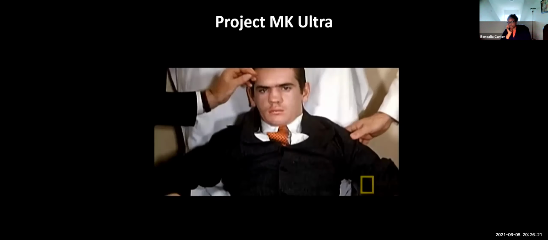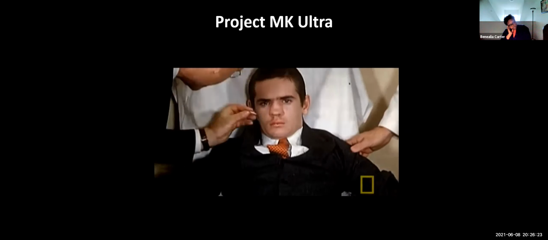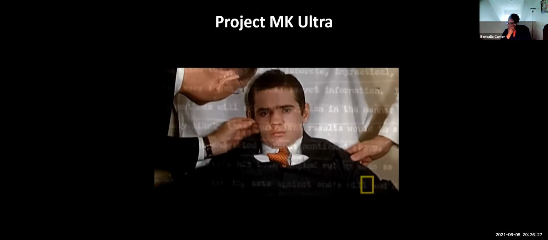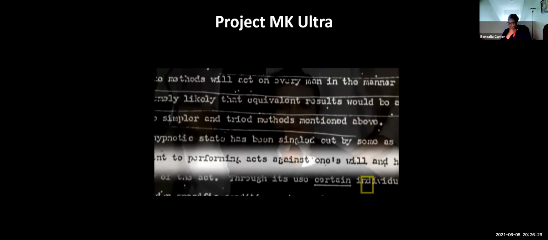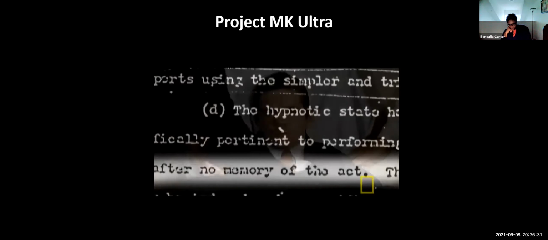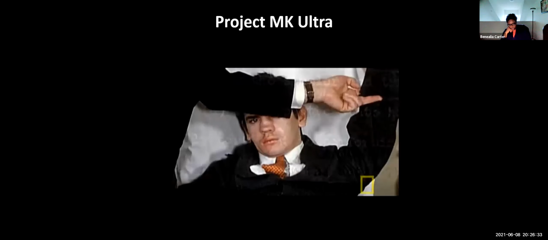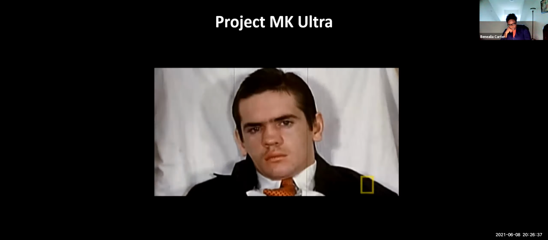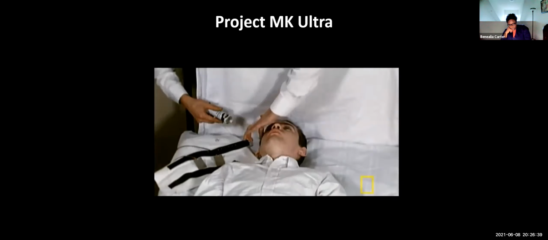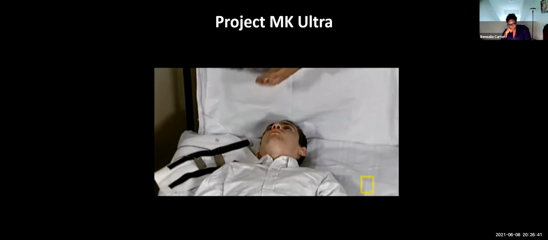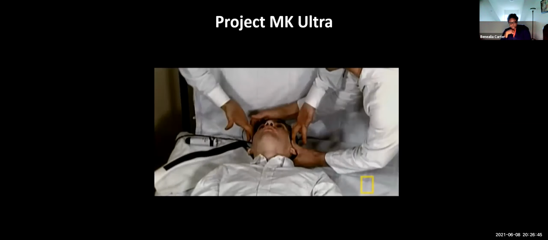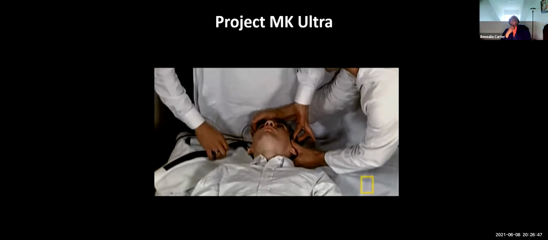The new goal is to cause an individual to become subservient to an imposed control, to the point where he will perform acts against his will and then have no memory of the act. The search for a real-life Manchurian candidate begins. To produce such an assassin, the CIA faces two main challenges: how to induce amnesia and how to program in new behavior.